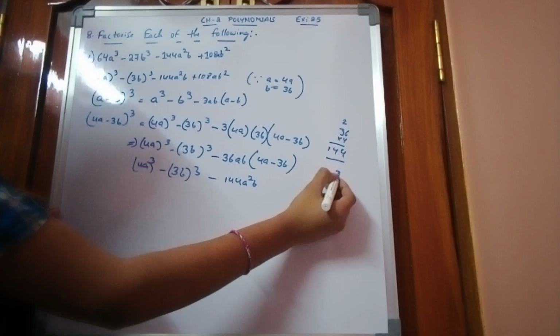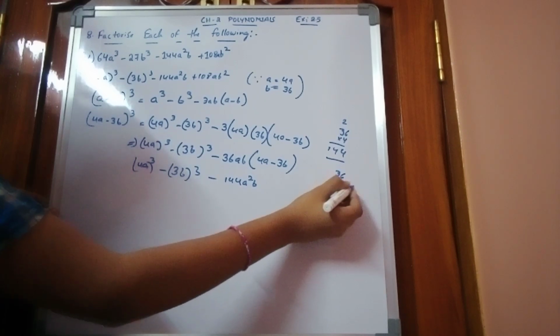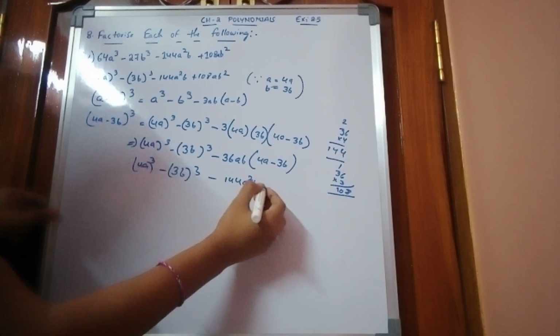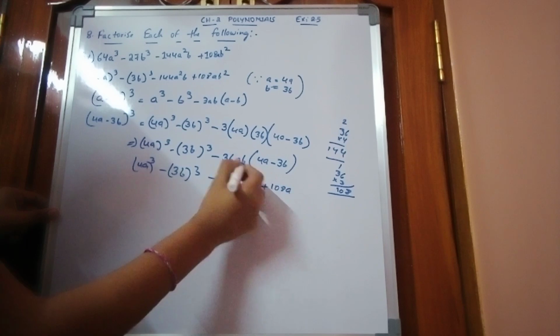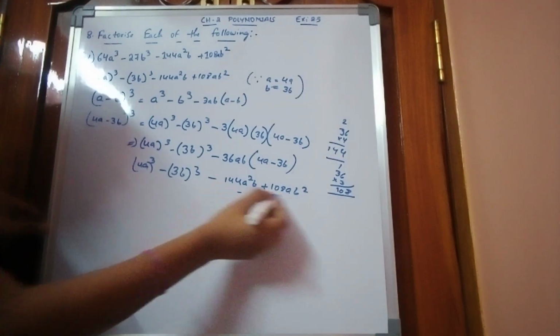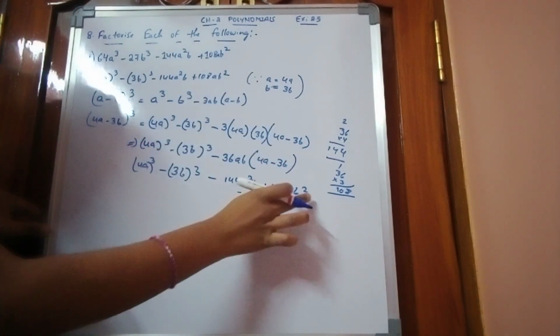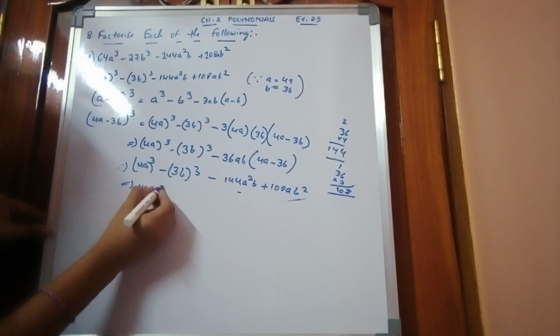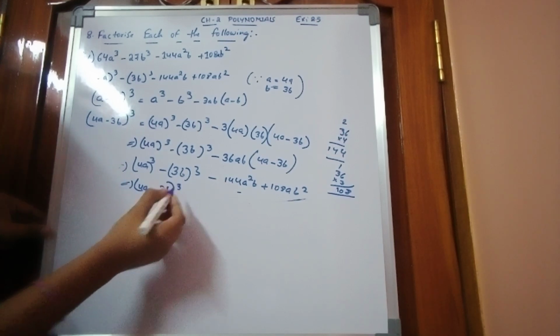And 36 into 3: 6 3s are 18, 3 3s are 9, 10, so we are getting 108. So minus minus plus, so 108a and 2 b's are there, so we are getting ab square. So here we are getting same terms. So now this implies (4a minus 3b) whole cube is the answer of this question.